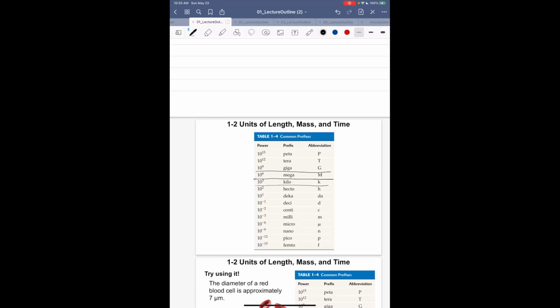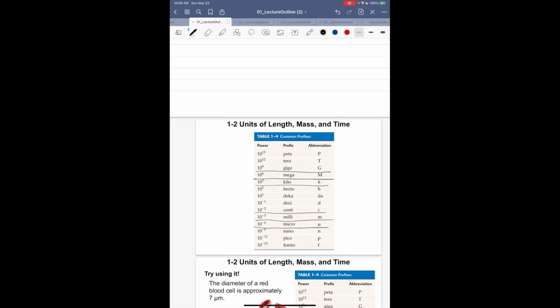Okay, and also the centi, the milli, and micro. If we go to electricity, we will be dealing more with nano, pico, and femto when we go to the nucleus. But these are some of the common prefixes that we are going to use, and they are really convenient, making the numbers neater.